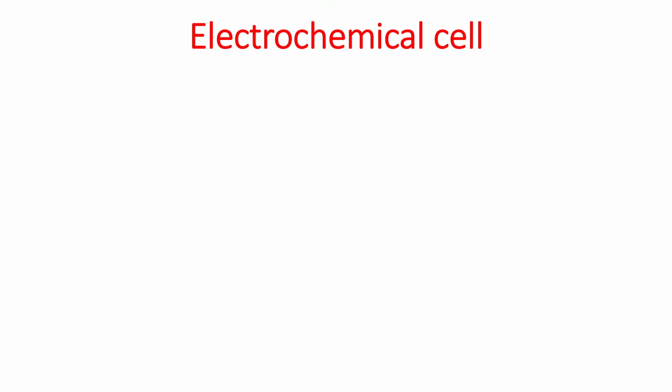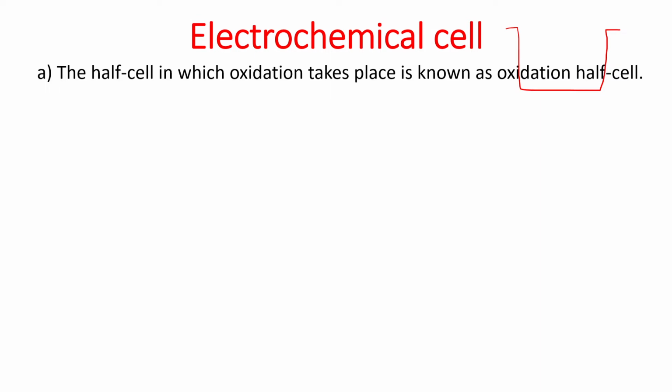Now coming to the electrochemical cell. We have understood till now that a cell consists of two electrodes. One is the anode, another one is the cathode.